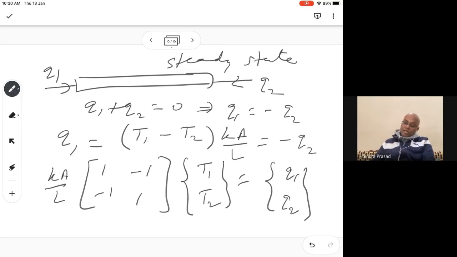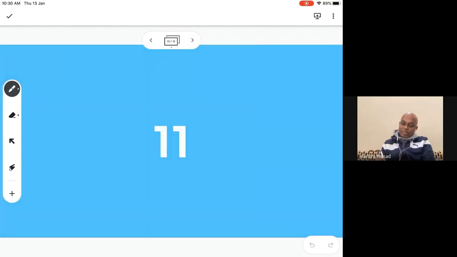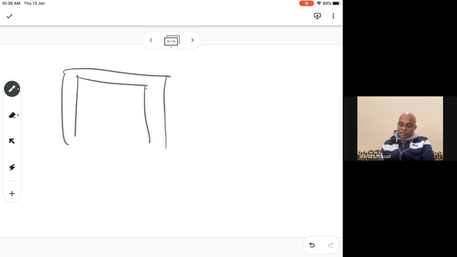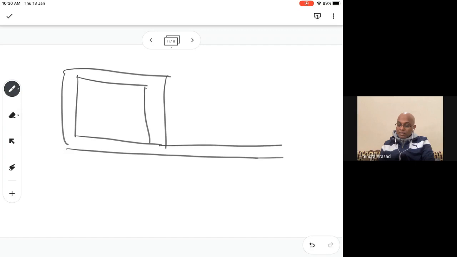You may have a system of bars, like the system could be anything. Let us say your system is something like this, where somewhere temperature is given. Let's say there are nodes number 1, 2, 3, 4, 5, right?